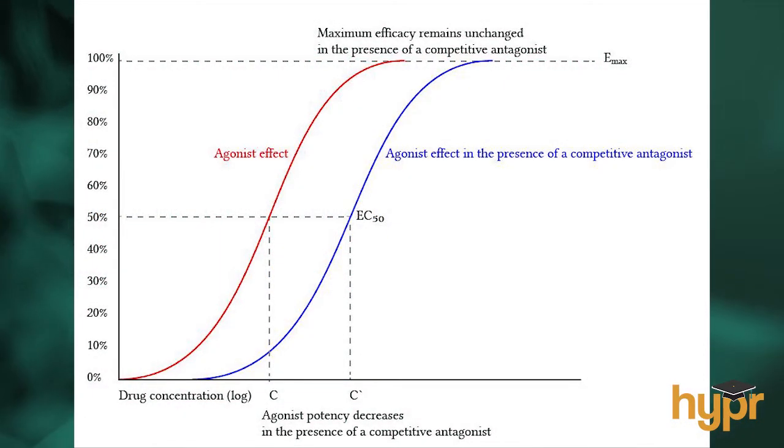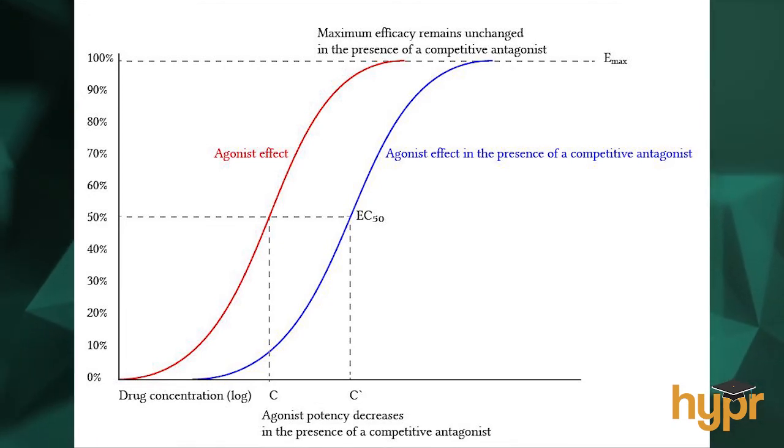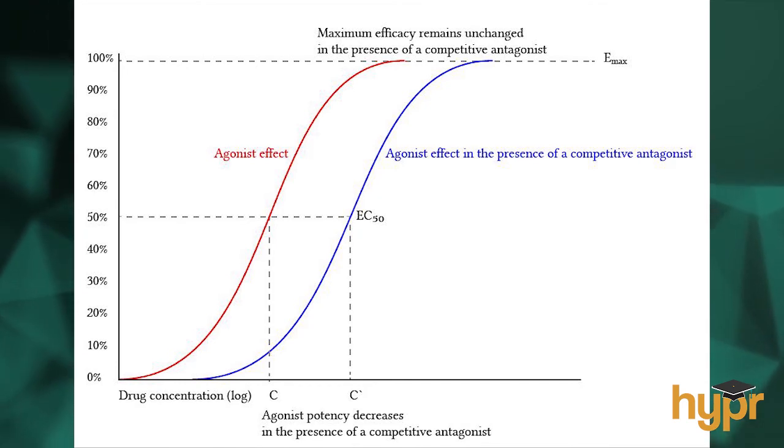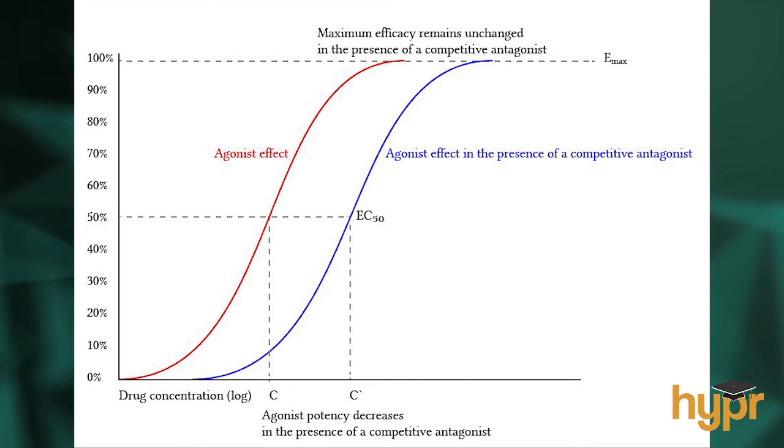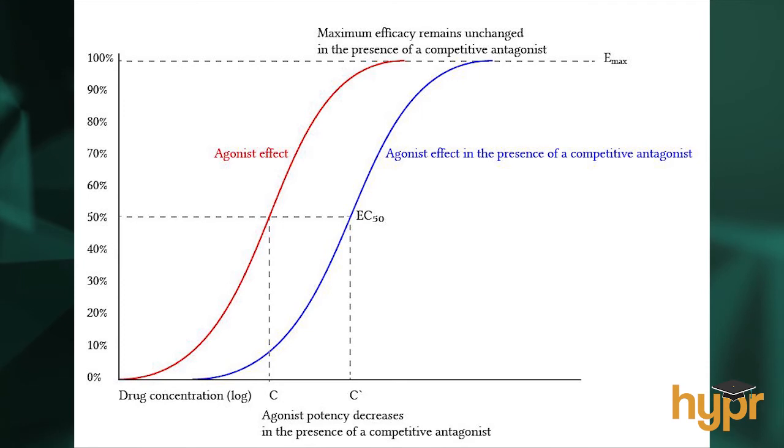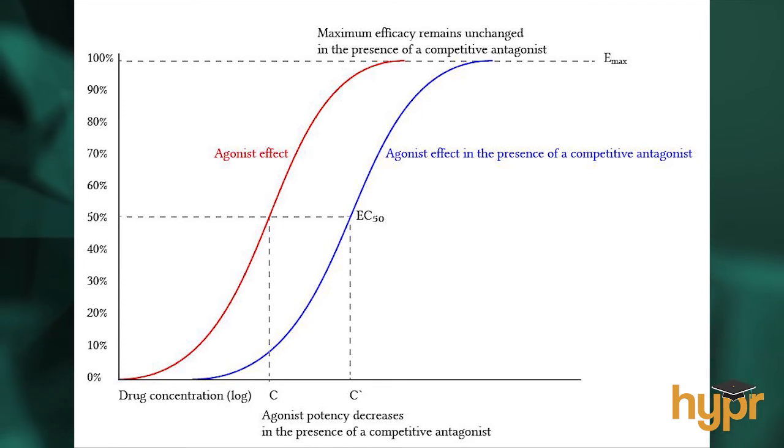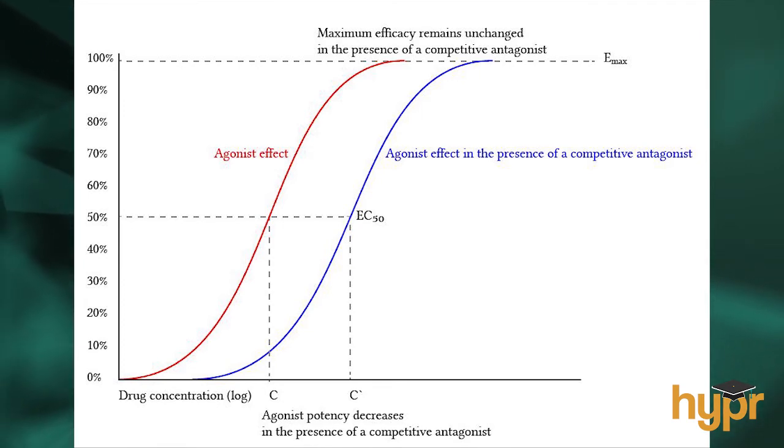Competitive antagonists and agonists have affinity for the same receptors. Hence, they fight to see who can bind first. These antagonists inhibit the receptors. The inhibition, however, can be overcome with an increased dose of the agonist. See below for the graphical representation.